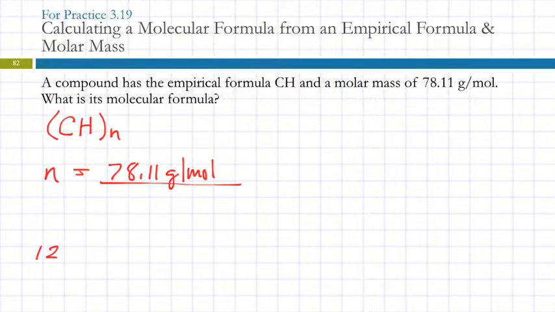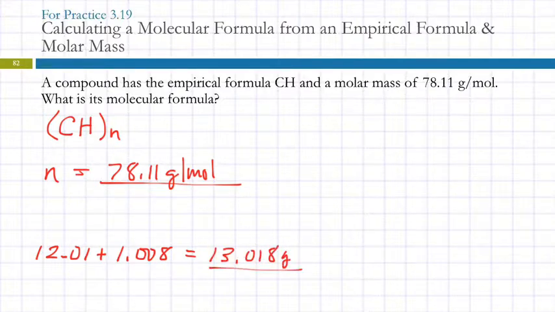So that's 12.01 plus 1.008, which is 13.018 grams per mole. I want to know how many CHs fit into the whole formula. So I'm going to find out how many masses of that fit into the actual molar mass.